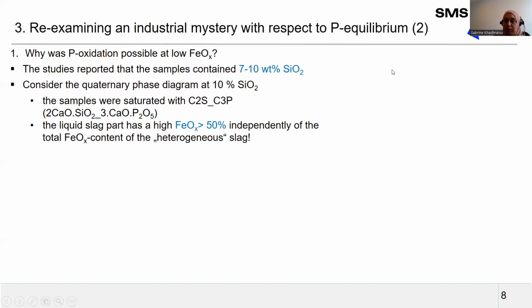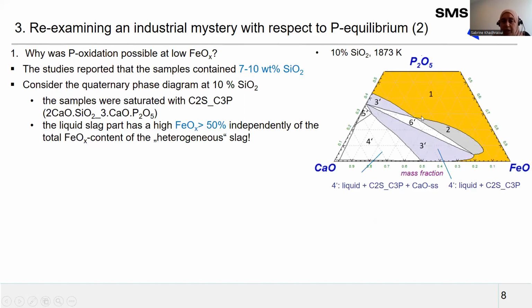For this, we have then considered the quaternary system, for which, again, a good visualization of the phase diagram has been missing back then. We can see that when we add 10% of silica to the system, a major change occurs almost in all regions of the system.